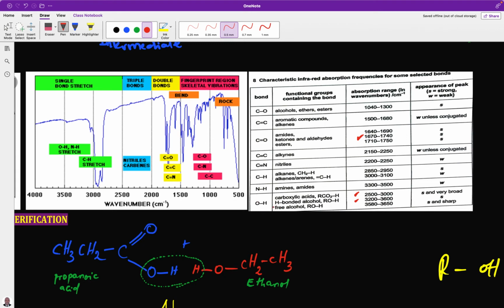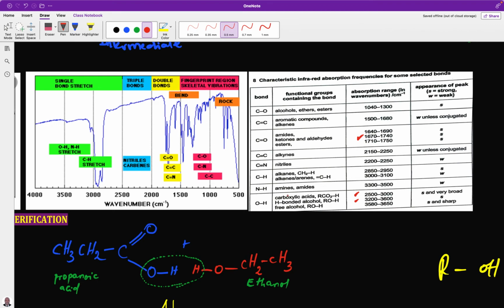You can say in compound W, which is propan-1-ol, there will be a peak between 3,200 and 3,600 absorption range, because in propan-1-ol there is the OH bond.